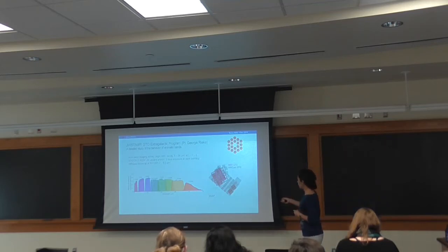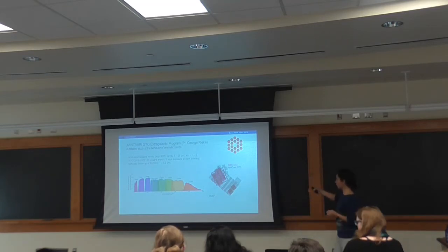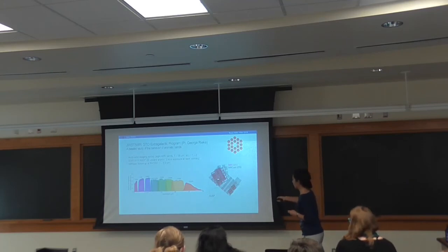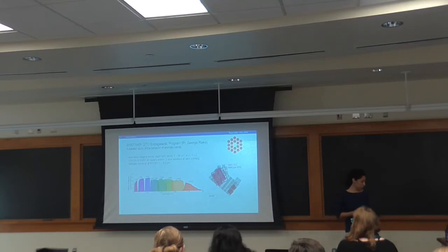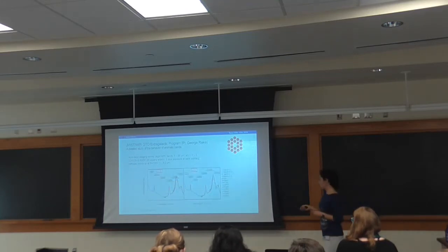Here on the right, I'm showing the footprints of the MIRI GTO on top of the deep NIRCam and NIRSpec GTO, in GOODS-South. One of the goals is to look at the different components of PAH emission at redshift 1 and redshift 2.